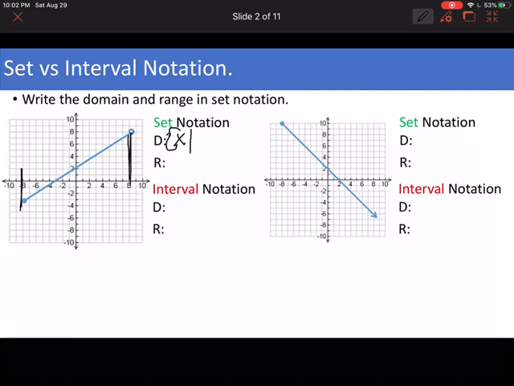And just go with that. So we're going in between. We can see that the -8 is filled in, so it's less than or equal to. We can see that on the right side it is open. You have that nice open circle. So it is less than, but not equal to.